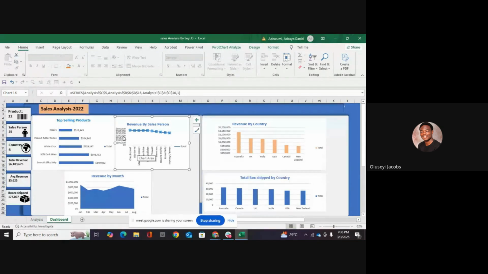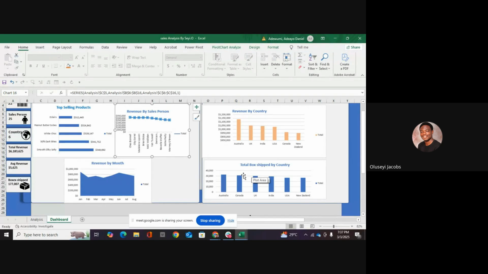And for sales by salesperson, we can say that Charles Bonnell was the person that sold more, and also you can see that Australia is the country where most of the product was shipped, where there was more sales.